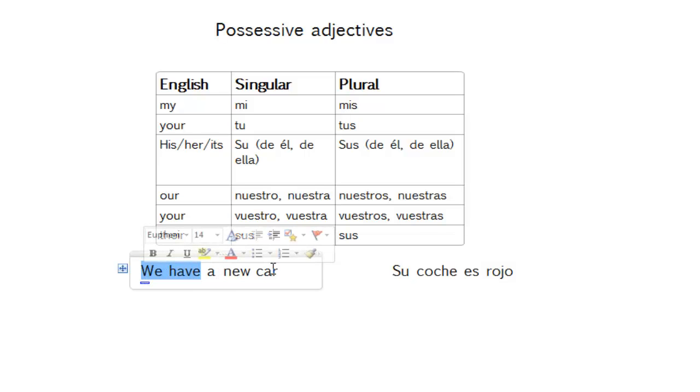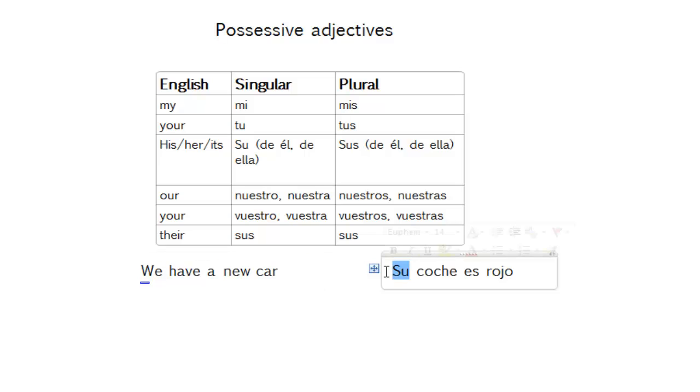Tenemos un coche nuevo. Now remember the new, because it's an adjective, it goes after: un coche nuevo. Okay, now we would say nuestro coche es rojo. Our car is red. So it has to agree, the O, because it's masculine, with the noun.